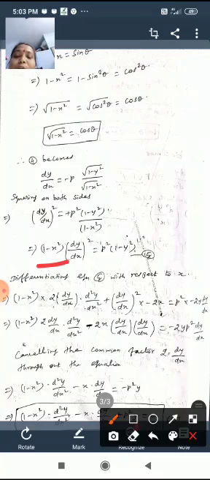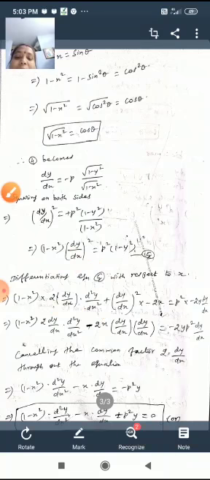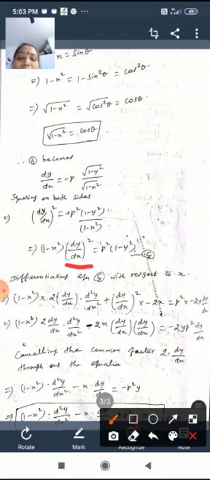Then we differentiate dy by dx the whole squared, 2 into dy by dx, again differentiating dy by dx with respect to x, d squared y by dx squared. Plus, next we take dy by dx the whole squared as a constant term.